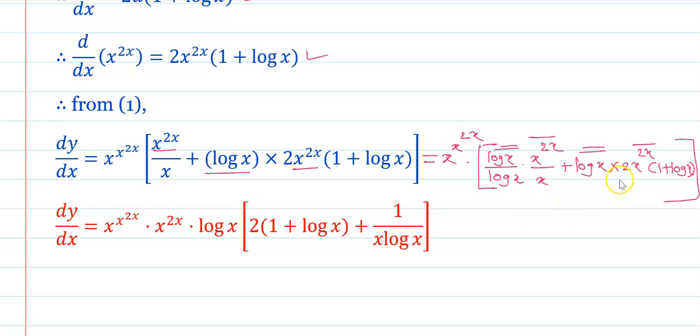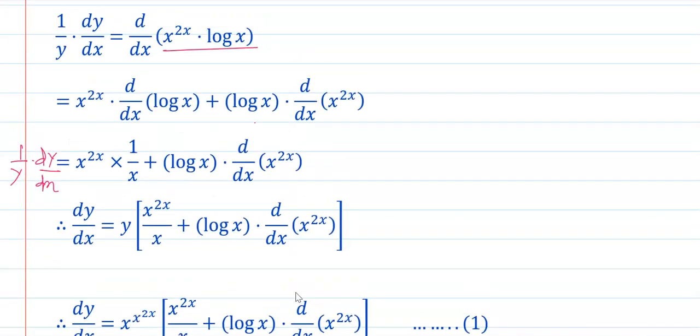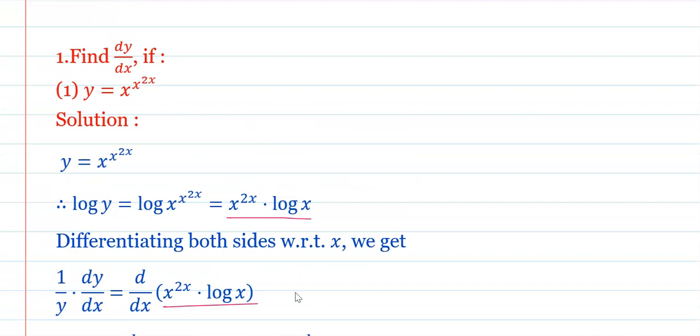The terms are 2 into in bracket 1 plus log x, 2 into in bracket 1 plus log x, and of these, which term will remain? That is 1 upon log of x into x, that is 1 upon x into log x, and this is our dy by dx. Okay, you can see this here. Once again you can see it here.